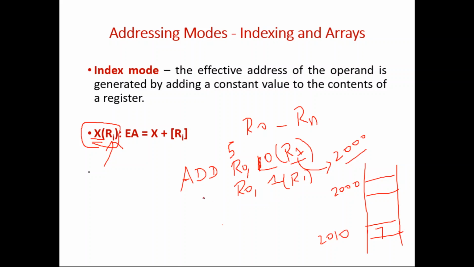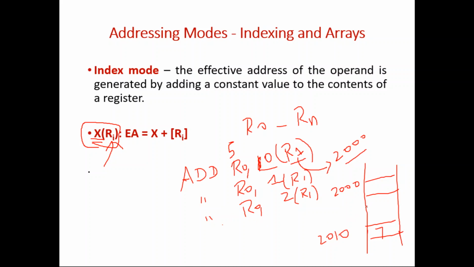Then the next time, so this is add repeating, next time add R0 comma 2 comma R1. R1 is 2000, 2000 plus 2. The value at 2002 will be added with the existing content of R0, and the result will be stored in R0.